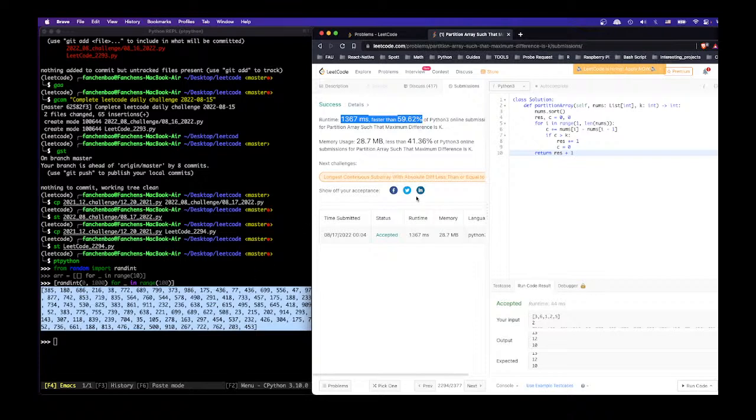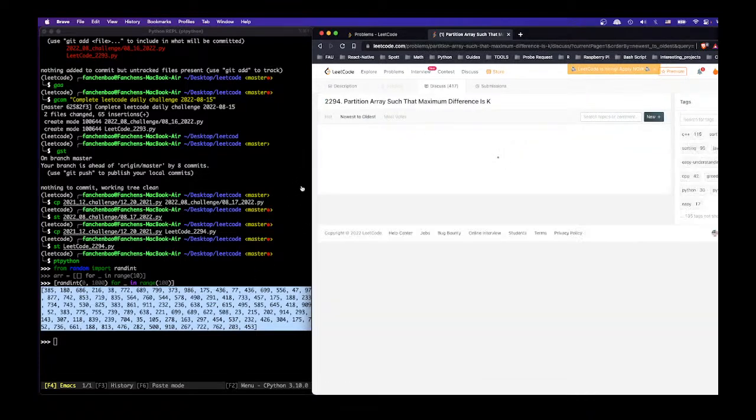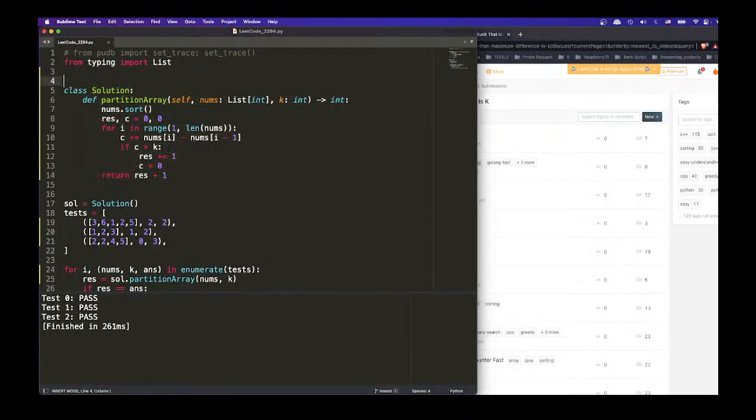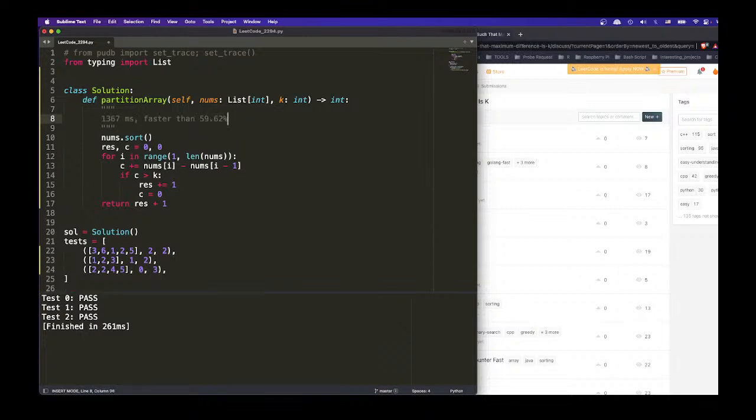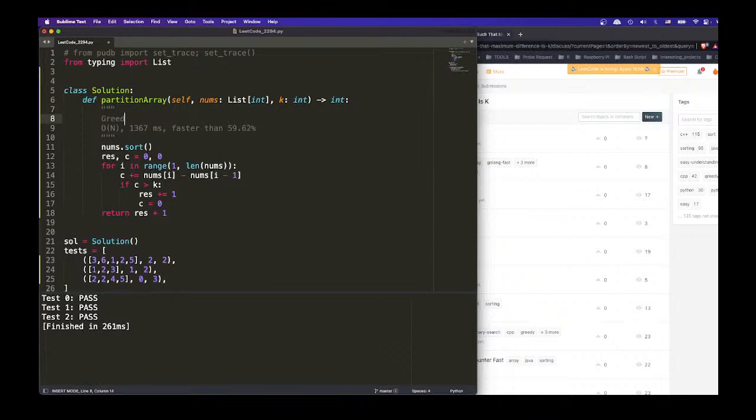I think that will be my justification. Of course, we can go here to see how other people think, but this is my solution, which is O(n log n), right? Greedy.